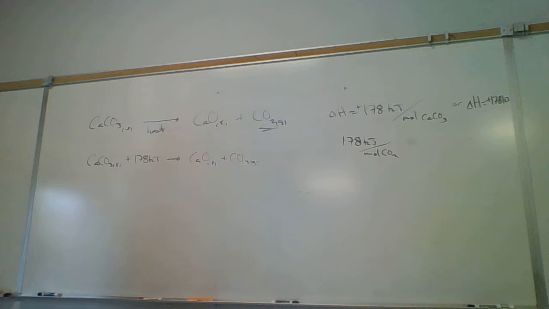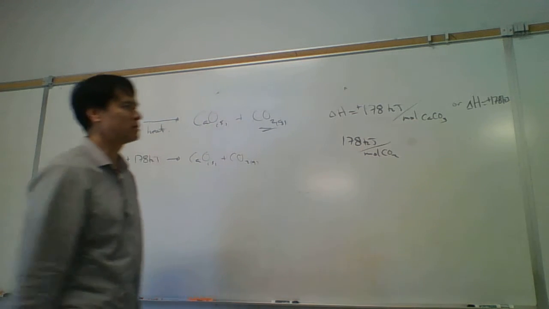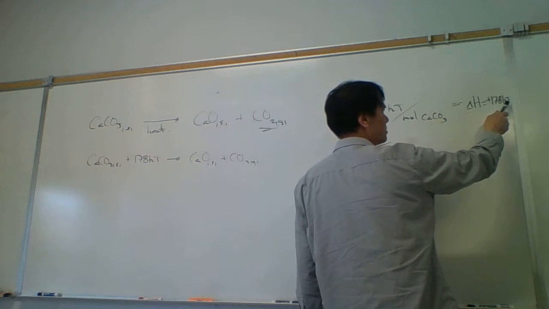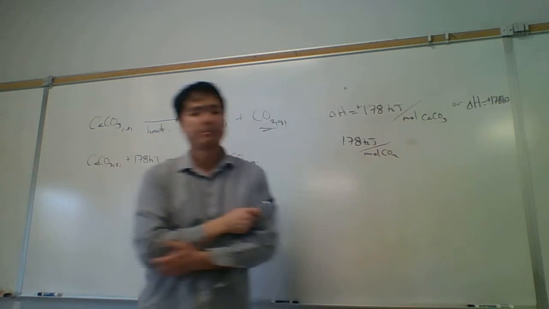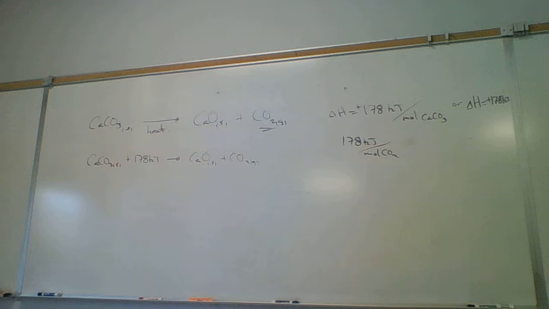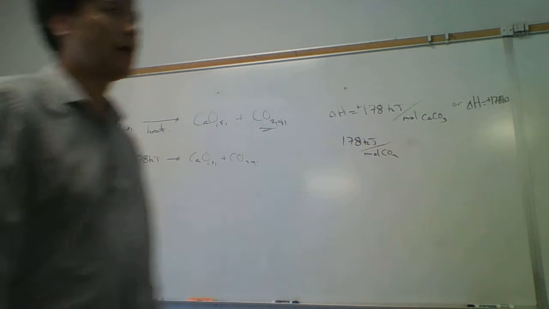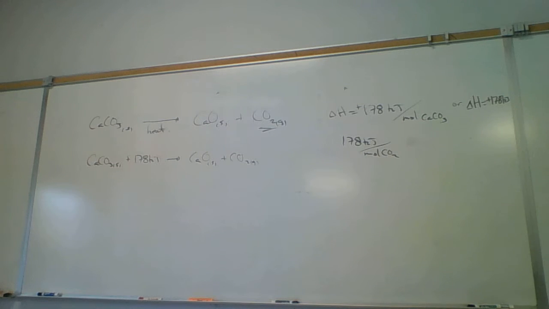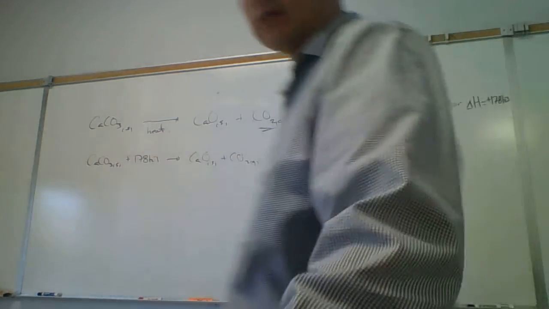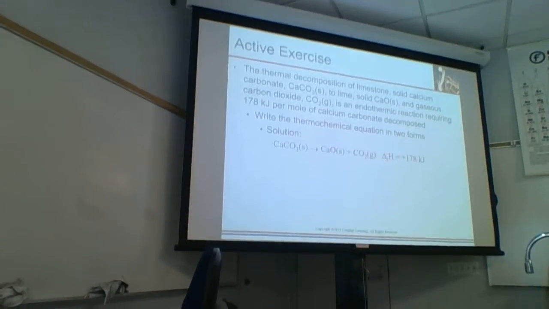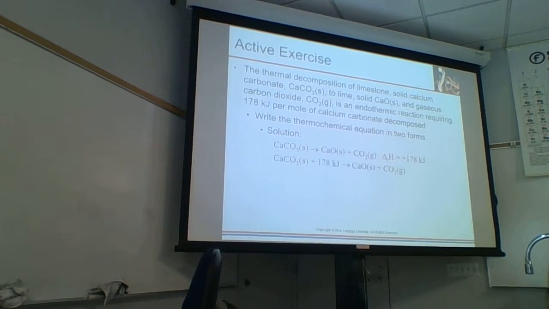It doesn't have to be calcium carbonate, so oftentimes it's left blank like that. So you can see here it's left blank. And then we just do whichever one we want. That's the first way. This is the second way. The second way is only done in Chem 4.